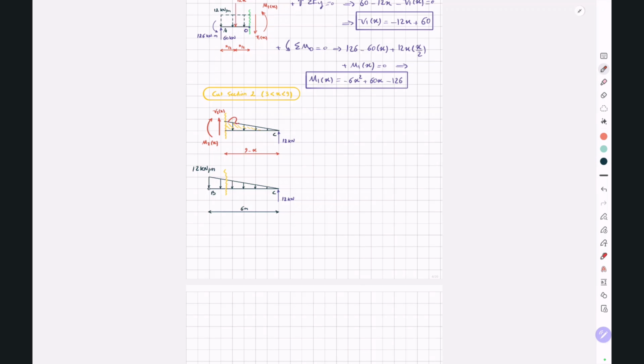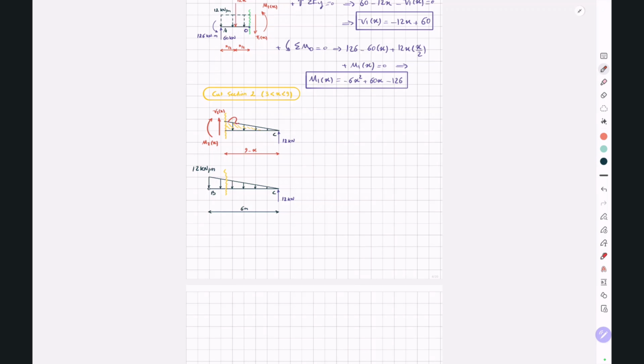So if we call this height wx, this is also wx, and we know the slope of this small triangle here is equal to the slope of this total triangle. So wx divided by 9 minus x is equal to 12 divided by 6. So wx will be equal to 2 multiplied by 9 minus x.